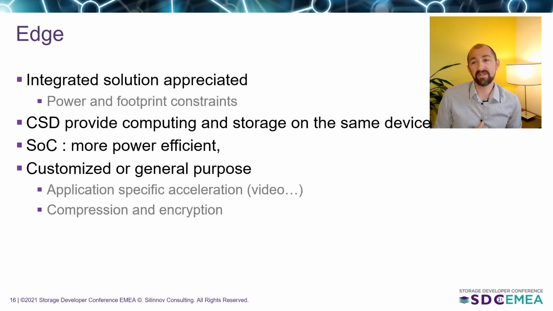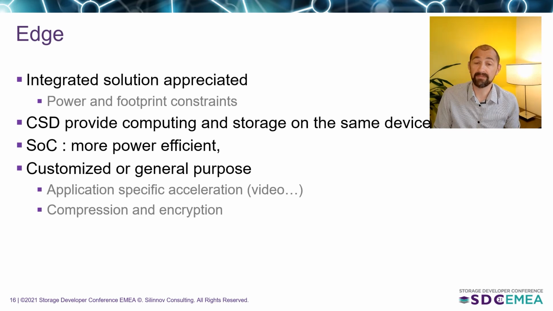In an edge environment, a very integrated solution is appreciated, because we may have power and footprint constraints. For the footprint, I think that the CSD is the best device, because by definition the storage and the computing are integrated on the same device. Regarding the power consumption, a system on chip will deliver better efficiency compared to FPGA. So we can use CSD with a SoC for the edge.